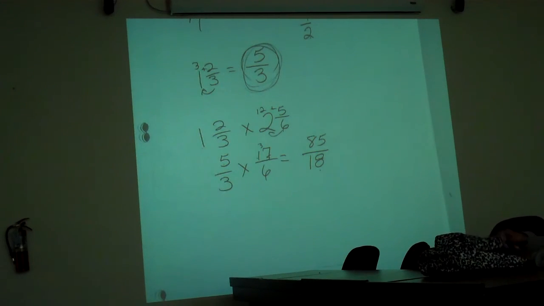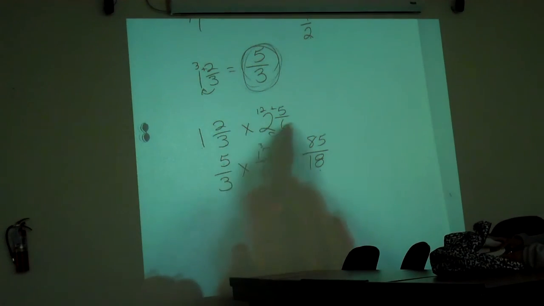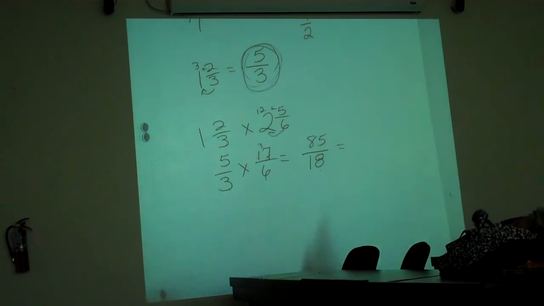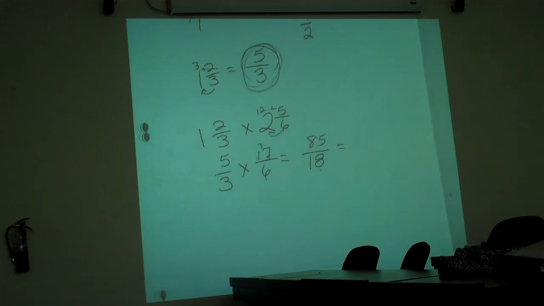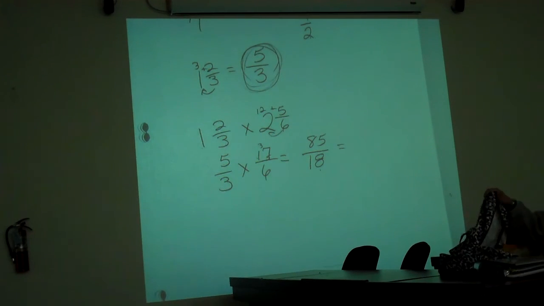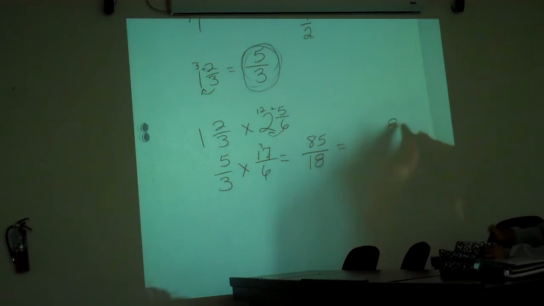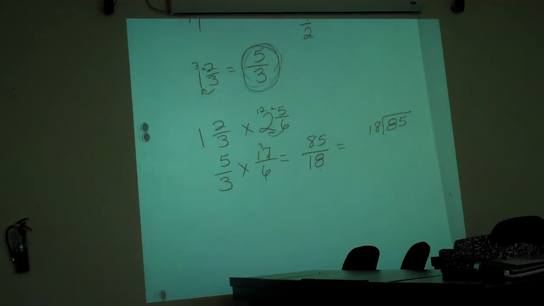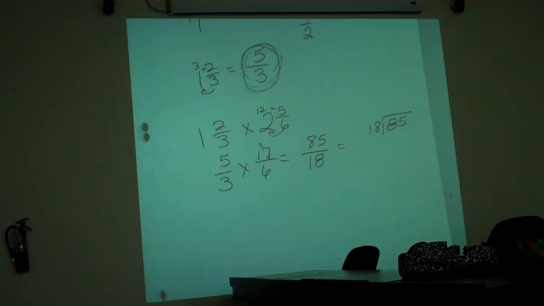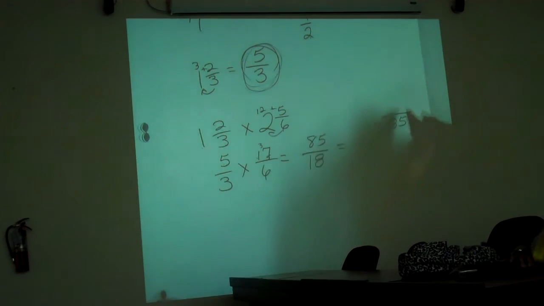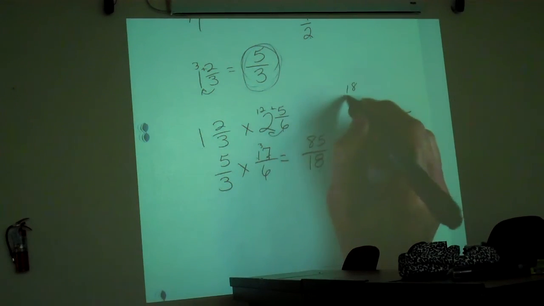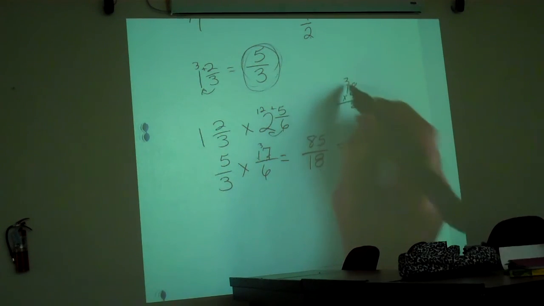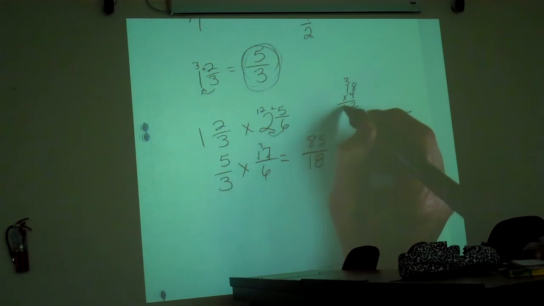Okay. You have mixed number times mixed number, so you're going to end up with a mixed number, unless it was just, like, 2/3. Okay, 85 divided by 18, you need to divide that. 18 is almost 20, so 20, 40, 60, 80 would be 4. Let's try 4. 4 times 8 is 32. 4, 5, 6, 7.